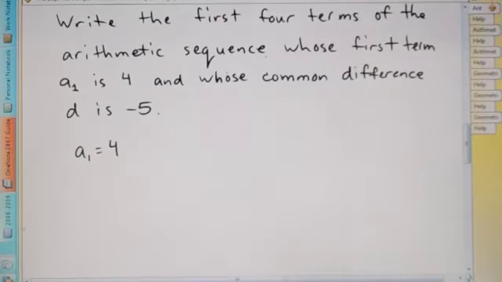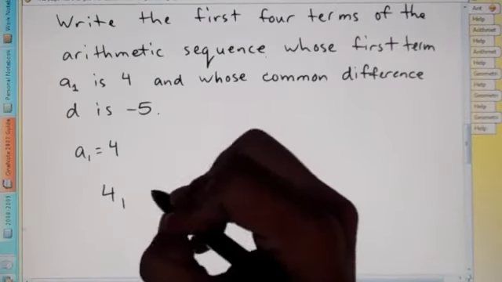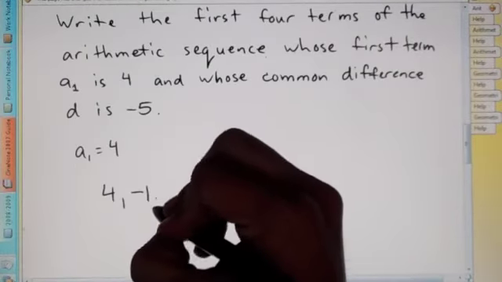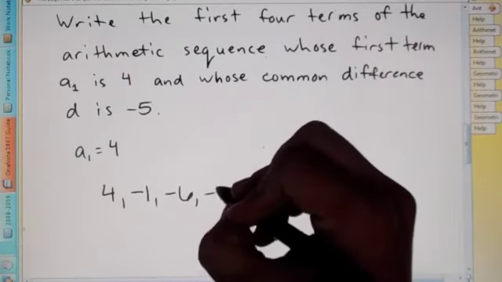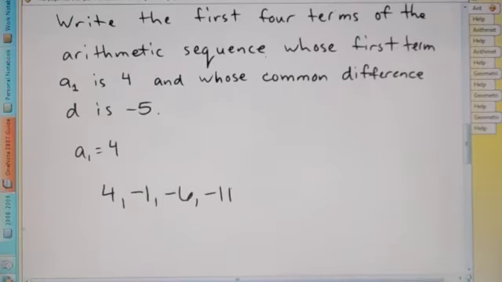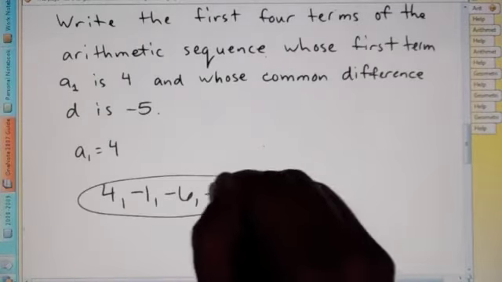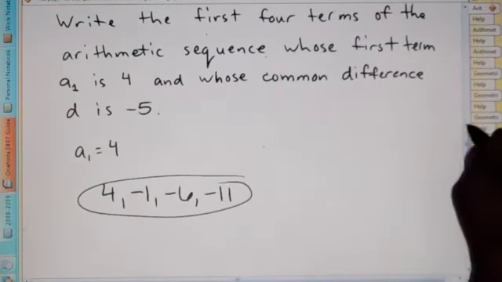Here's our first term. Our second term, going down by 5, would be negative 1. Our third term would be negative 6, and our fourth term is negative 11. Again, very basic, we're just going down by 5 each time. These will be our first 4 terms. Don't forget the first term is included in the first 4 terms.